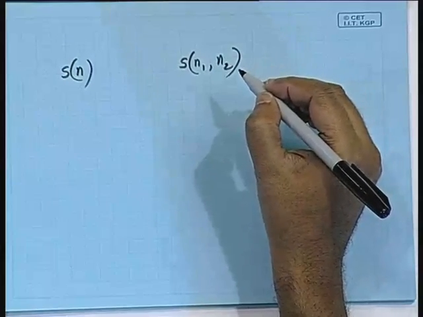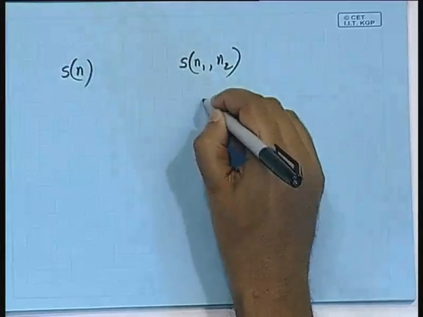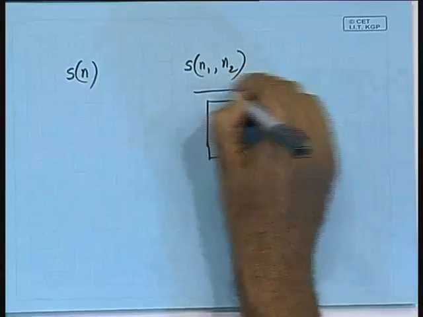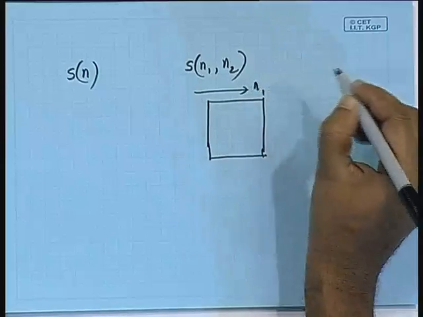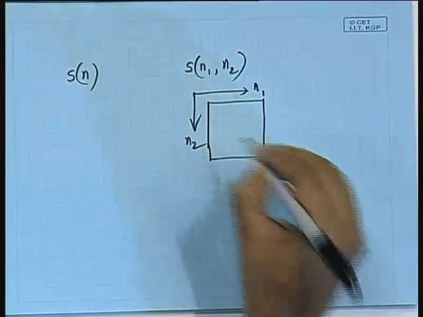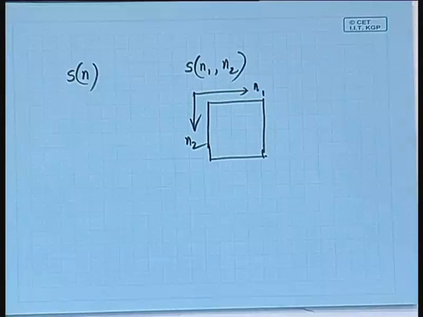So, we have two directions, the n1 direction and the n2 direction, and let us choose our convention like this: n1 is the horizontal direction and n2 is the vertical direction.